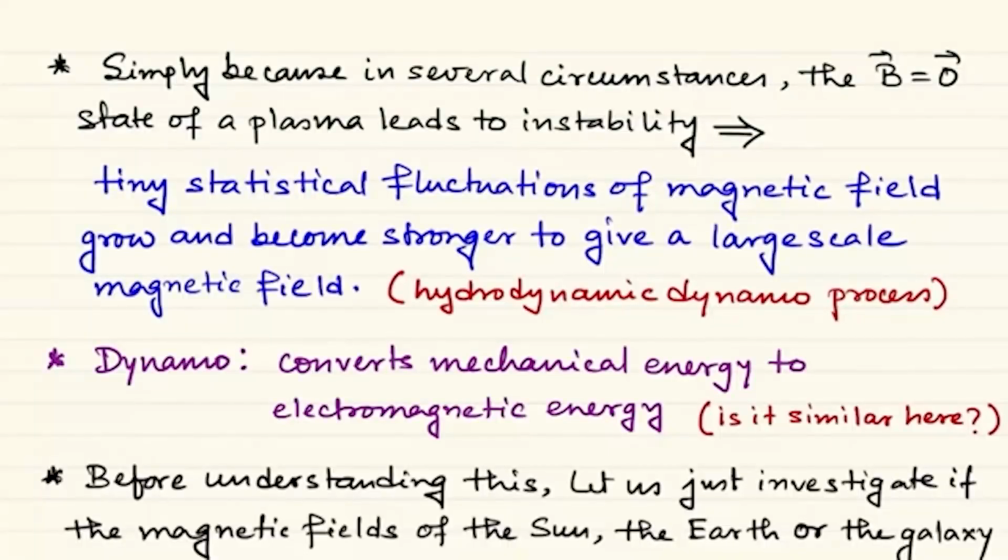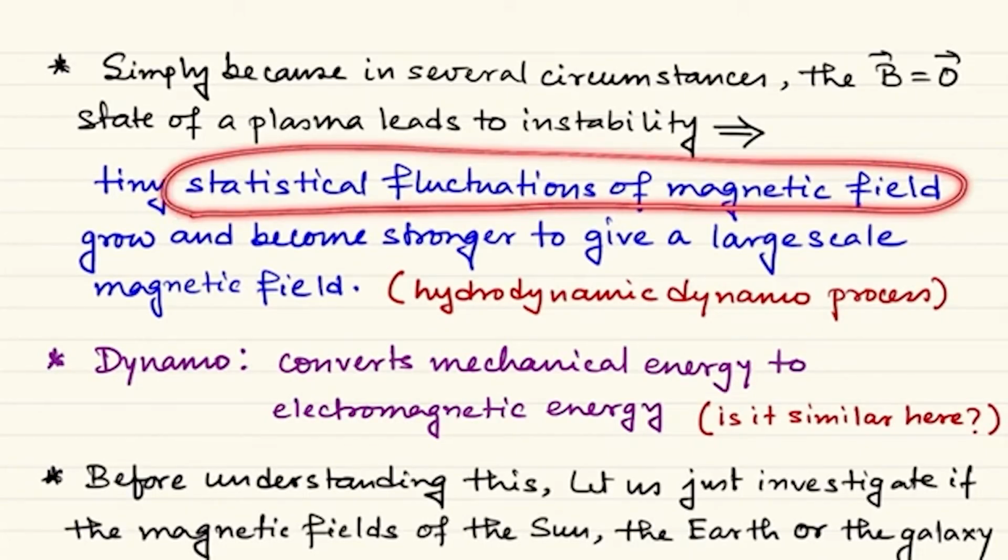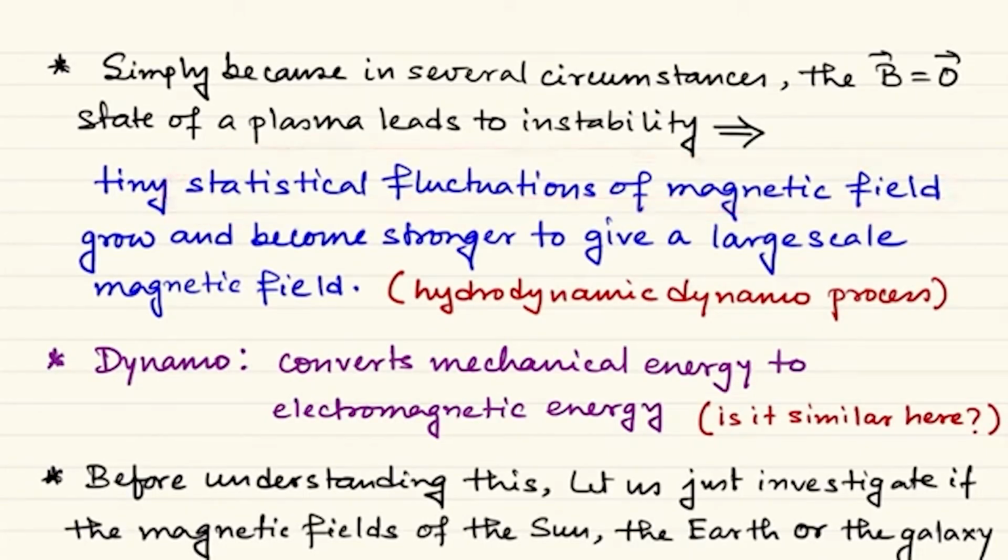Another thing is that even theoretically, in several circumstances, the B equal to 0 state of a plasma leads to an instability. And that instability leads to the growth of some statistical fluctuations of magnetic fields, which is called the seed field, the seed magnetic field. The seed field comes from statistical fluctuations of negligible magnitude in general.